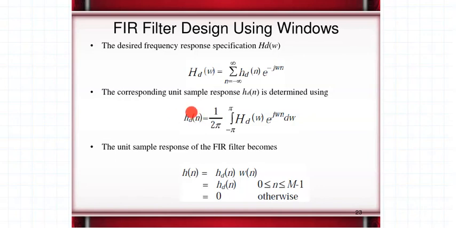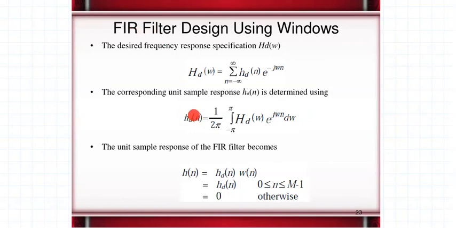But what do we know about this? That this impulse response, obtained by taking the inverse Fourier transform of the filter specification, turns out to be of infinite duration. So this impulse response is of infinite duration, and hence we need to make it finite so that we can call the filter an FIR filter.